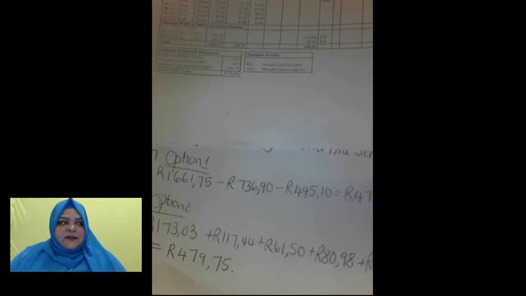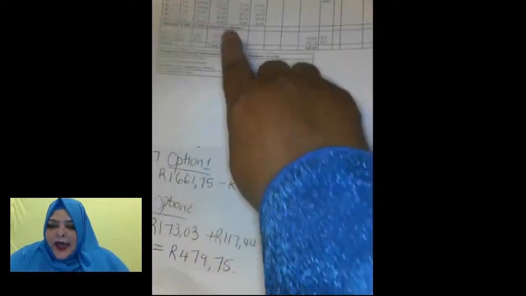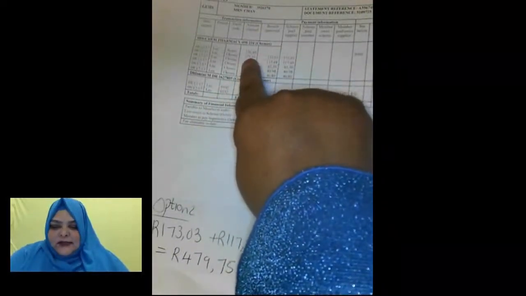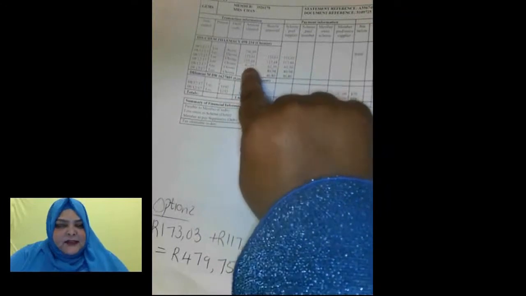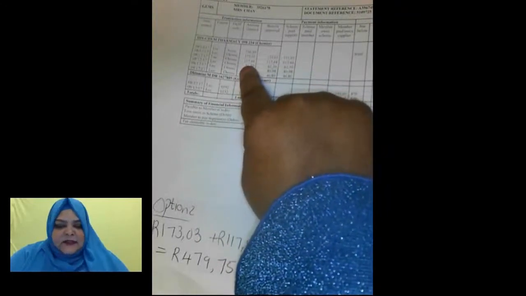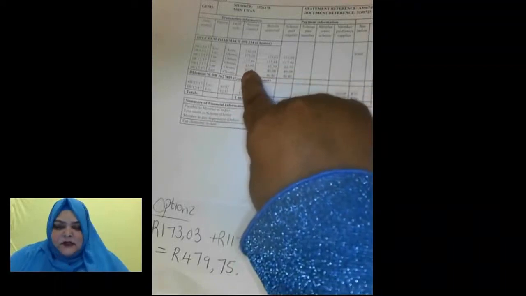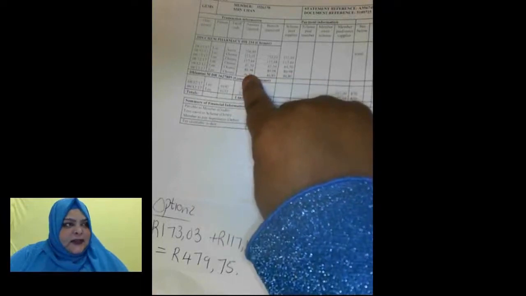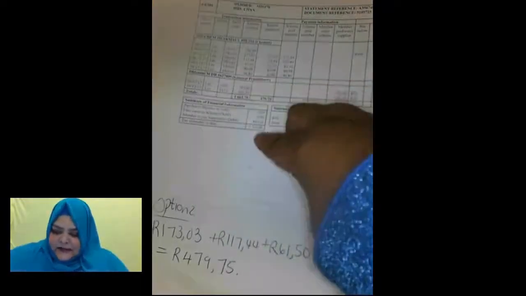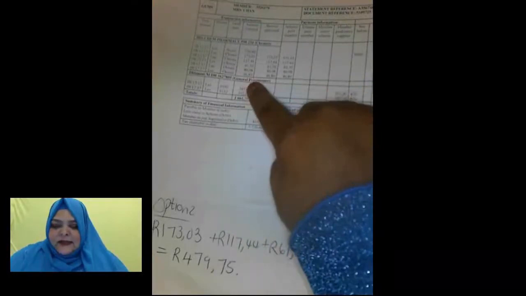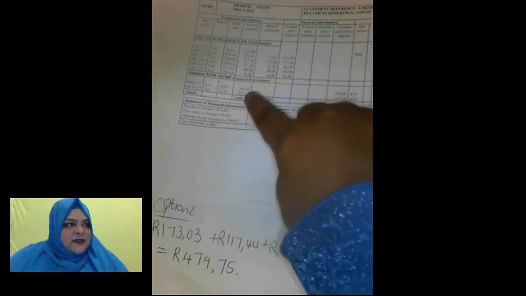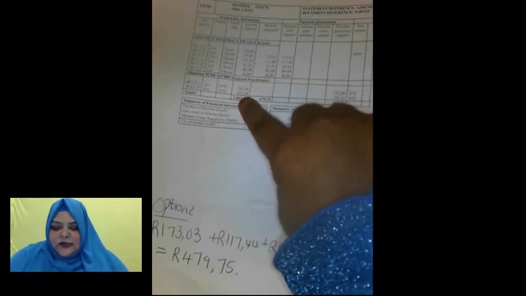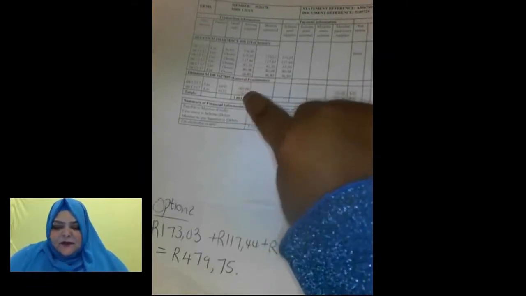479 rand and 75 cents will be adding these values here, starting from 173 rand and 3 cents plus 117 rand 44 cents plus your 61 rand 50 cents plus your 80 rand 98 cents plus your 46 rand 80, and it stops just there, because these values of 343 and 102 10 cents, the member must pay out of her own pocket.